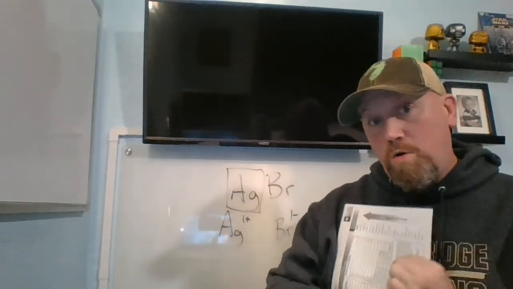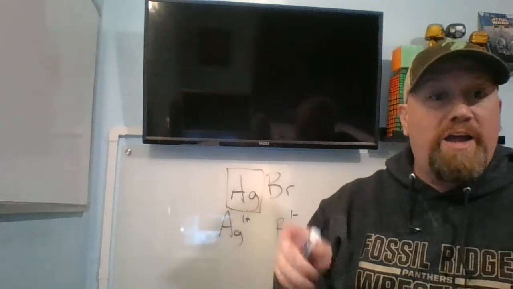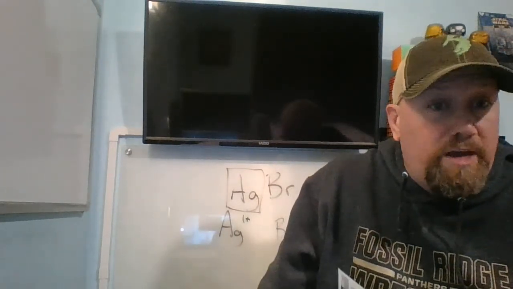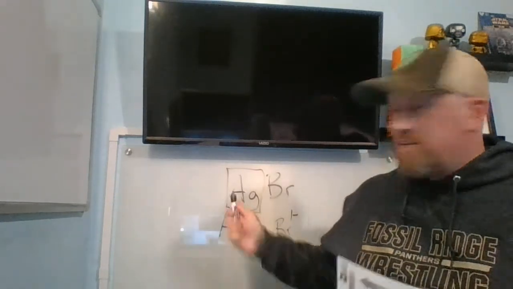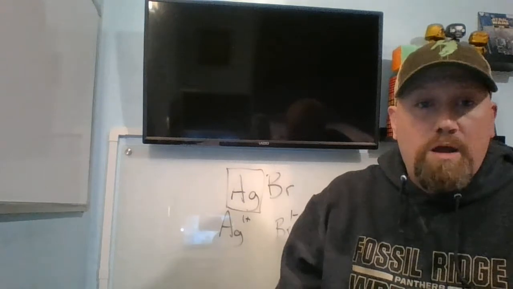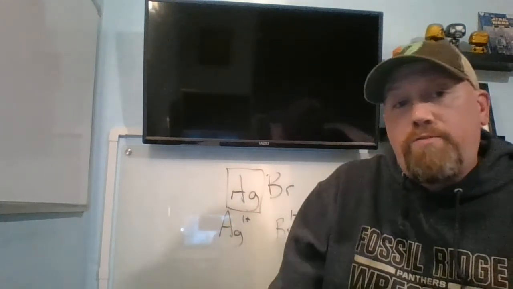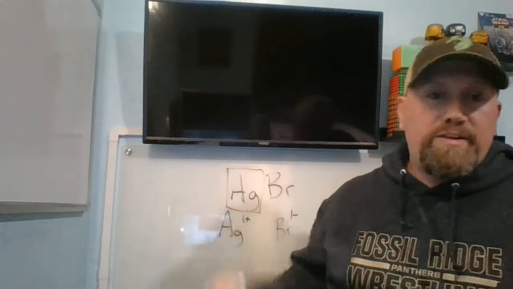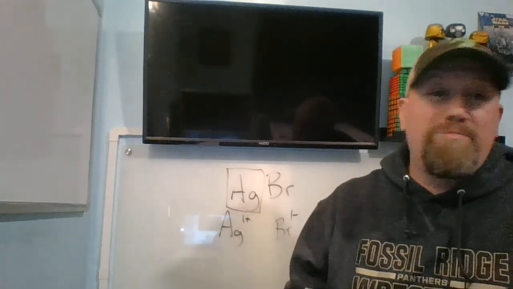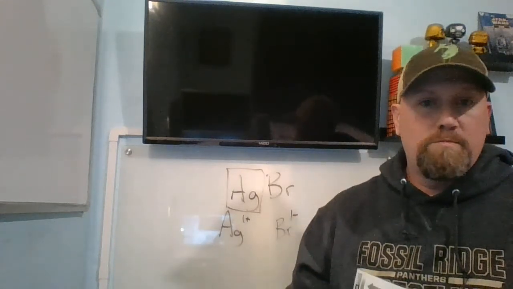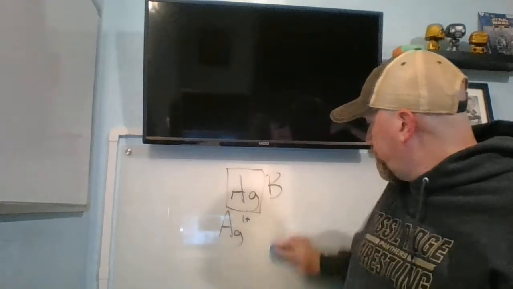So even though a lot of those bromide ionic compounds are soluble in water, since this one is bonded to silver, it's not. Since it does not dissolve in water, it's insoluble, and it's not an electrolyte. It's a non-electrolyte.